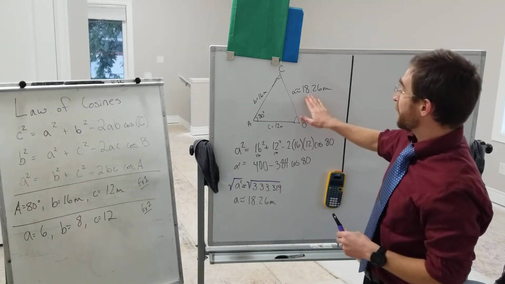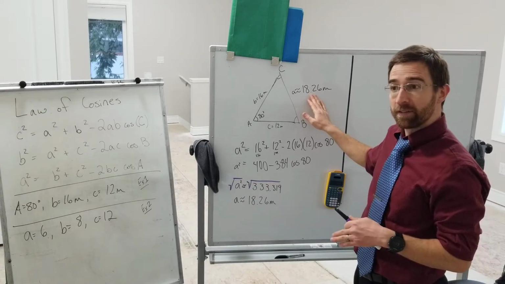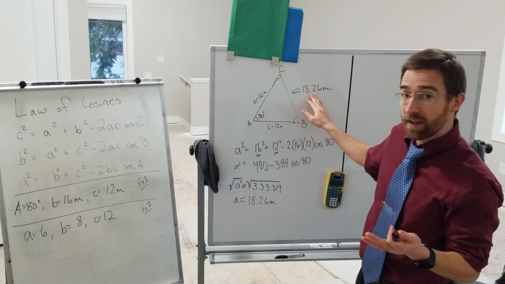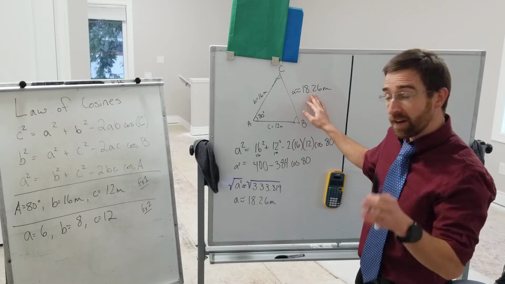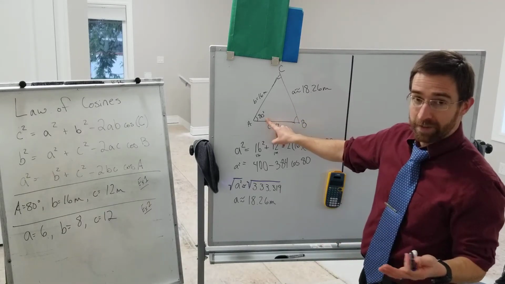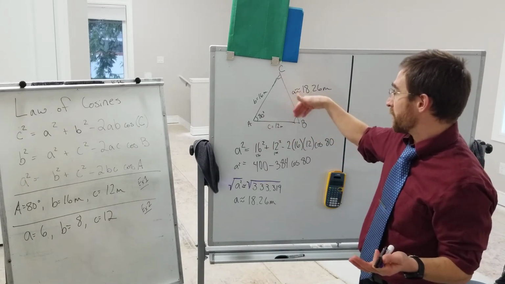If this were not the largest side, we would want to find the smaller of the two remaining angles, because we're going to use law of sines, and law of sines is going to give us an angle between 0 and 90. Because this is our largest side, and we already have this angle, we don't need to worry about which one we're going to do next.